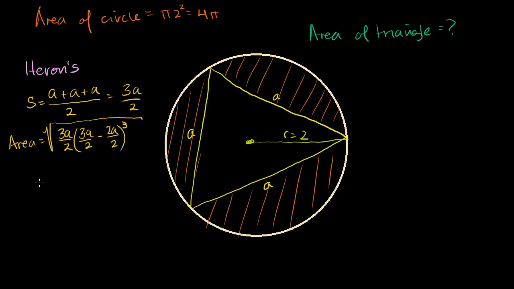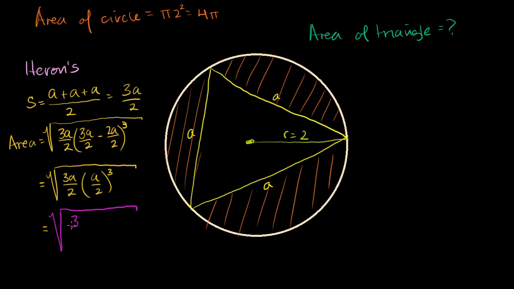So what's this going to be equal to? This is going to be equal to the square root of 3a over 2, and then this right here is going to be 3a minus 2a, which is a. So a over 2 to the third power. And so this is going to be equal to, I'll arbitrarily switch colors, 3a times a to the third, which is 3a to the fourth, over 2 times 2 to the third.